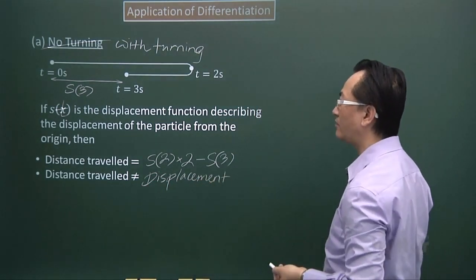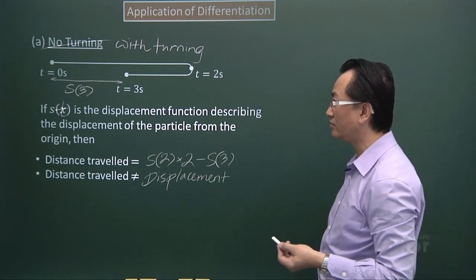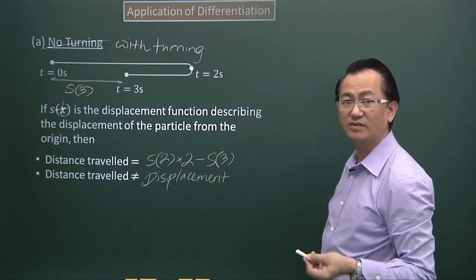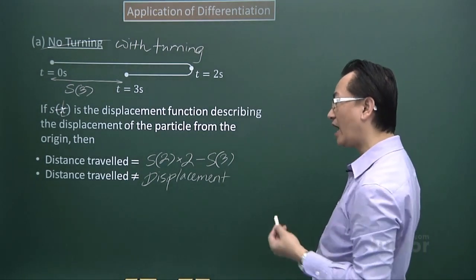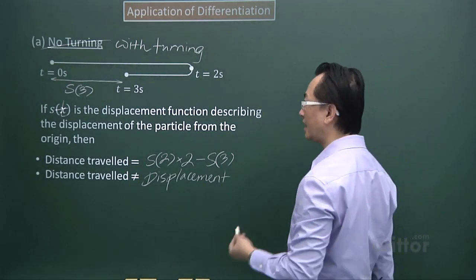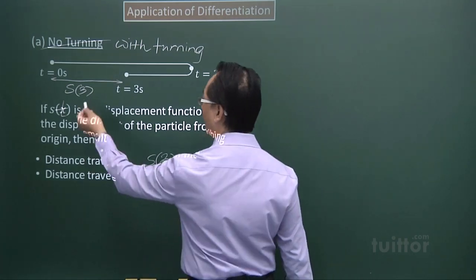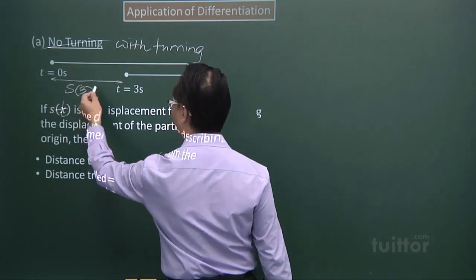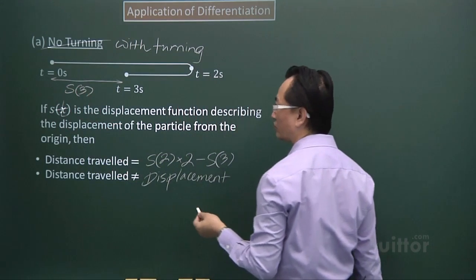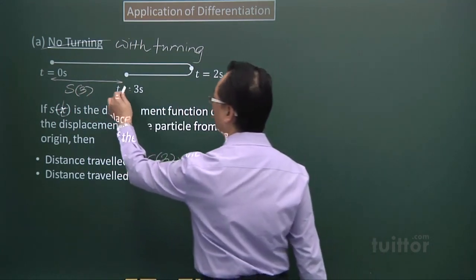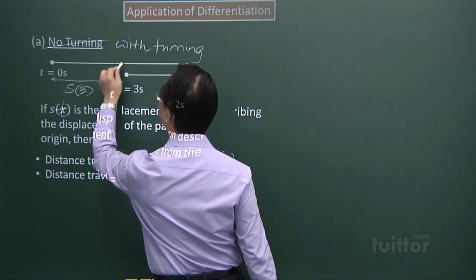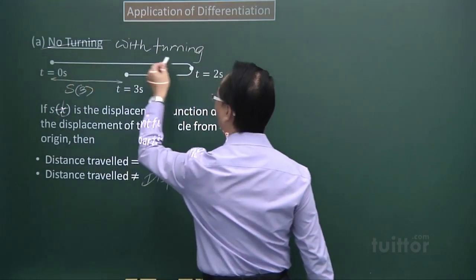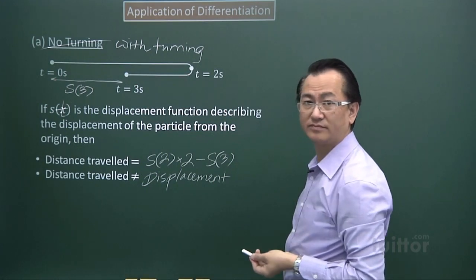If I'm talking about distance traveled from t equals 0 seconds to t equals 3 seconds, and I mistakenly take that distance traveled as s(3), then it will be wrong. Because from this diagram, this distance is basically just a portion of what the particle has traveled.